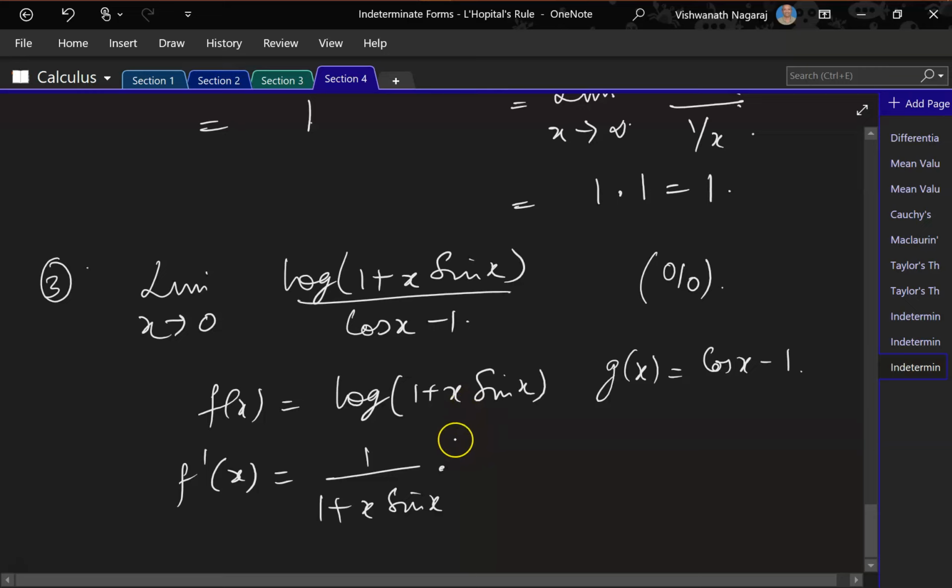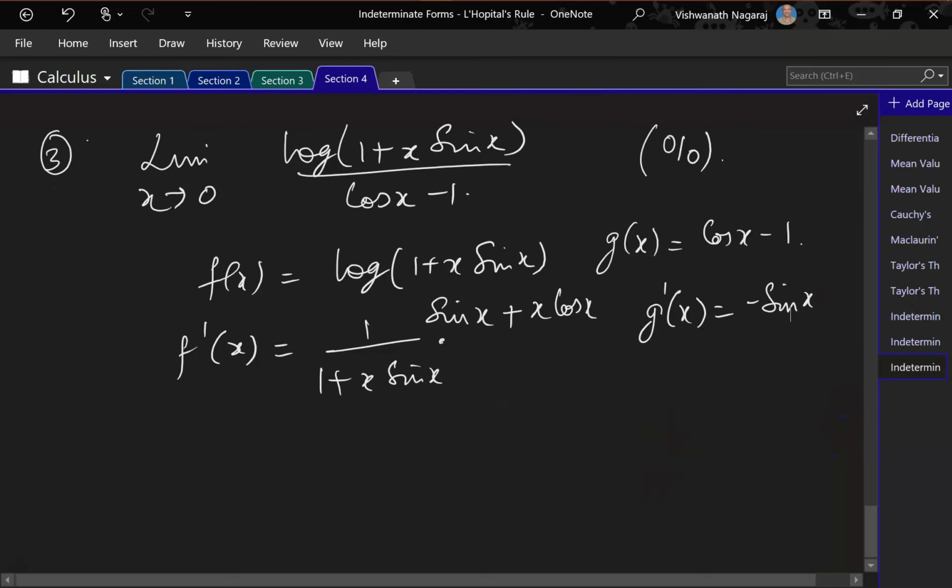This becomes sine x plus, applying the product rule, x cos x. Here g prime of x becomes minus sine x minus 0. So this minus 1 disappears. Okay.